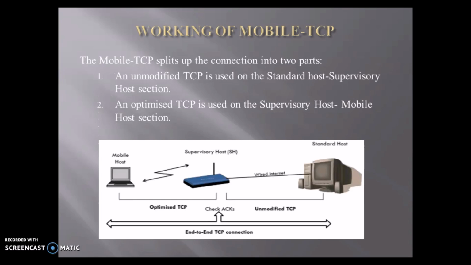Working of mobile TCP. The mobile TCP splits up the connection into two parts. The first one is an unmodified TCP used on the standard host and supervisory host section, which is this part.